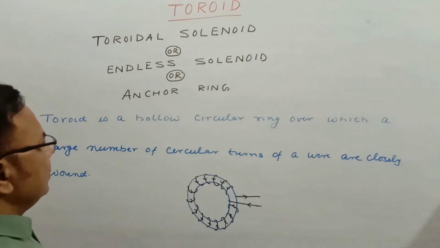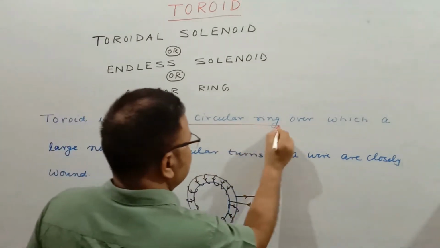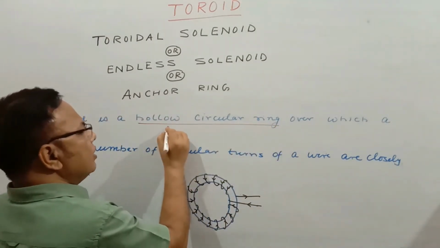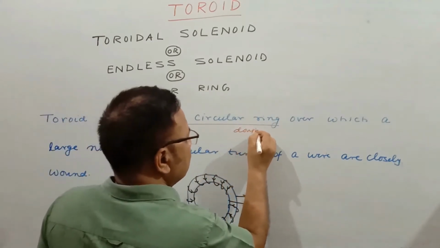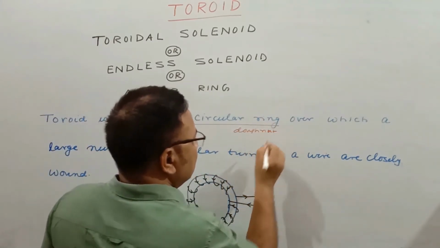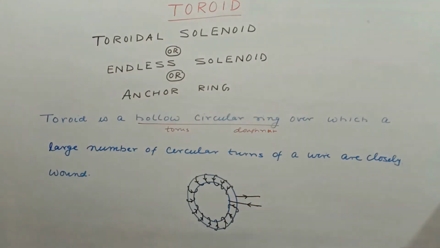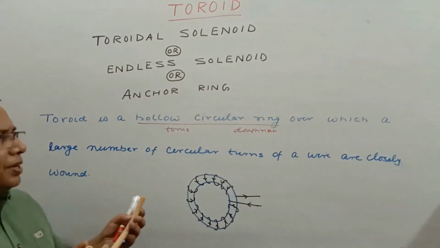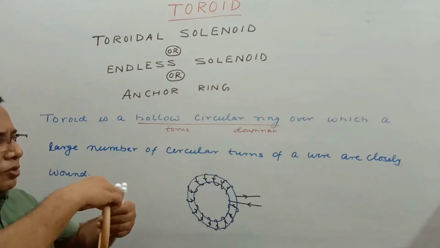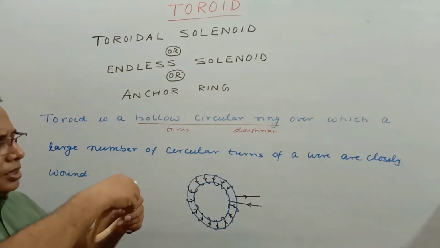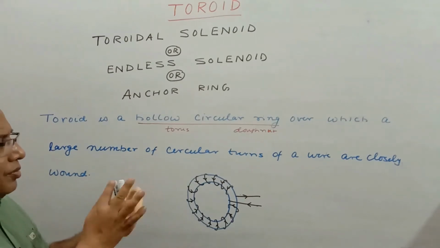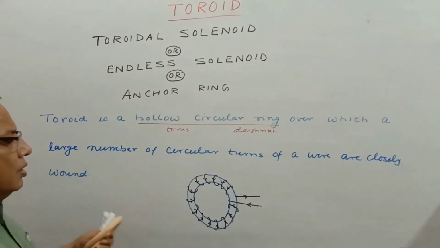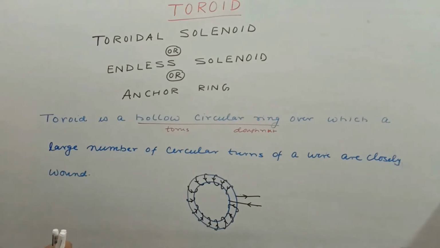For this, what we need is a hollow circular ring. This can be like a torus, or you can say it is a donut. The shape is somewhat like this. Suppose you have a pipe, and if you close it like this, this is the shape of a torus or donut, over which the wires are wound just like this, and these wires should be close enough.